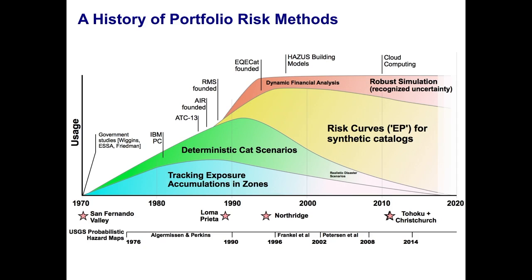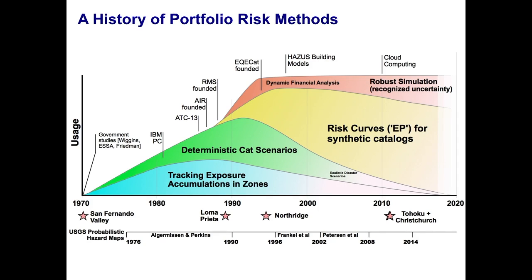And then that progressed into deterministic catastrophe scenarios, where you might look at a San Andreas earthquake in Northern California, or a San Andreas earthquake in Southern California, or a Hayward earthquake, or a Newport Inglewood earthquake. Or you might look at another particular earthquake like Wasatch Front in the Salt Lake area.